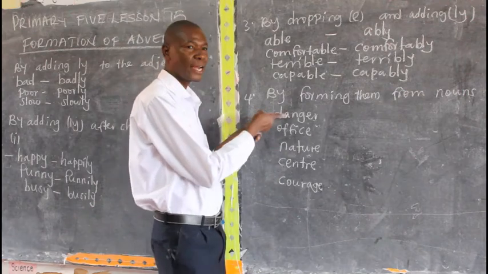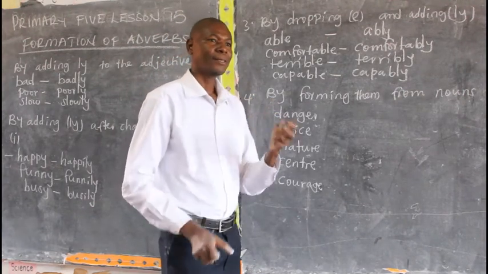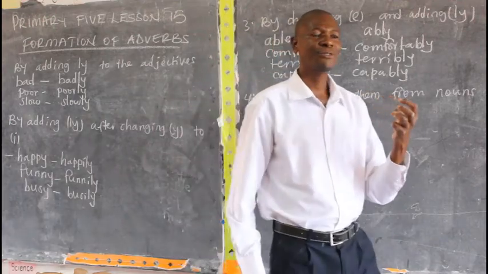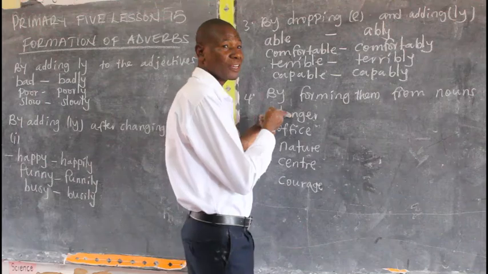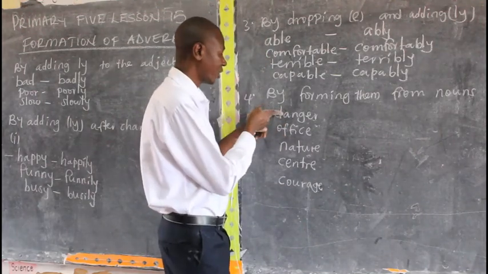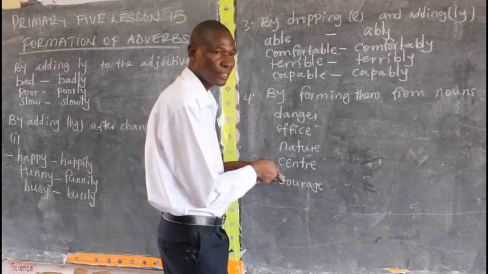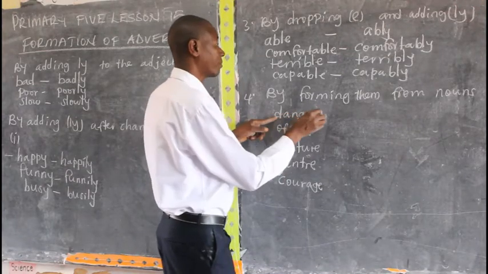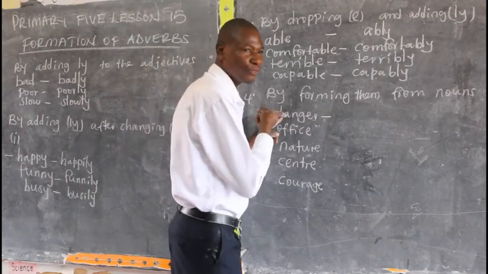Then we have another way of forming adverbs. This one is quite difficult. Why? Remember I said that these adverbs are formed from adjectives, but they can give you a noun here. These are nouns: danger, office, nature, center, courage. So that means you are supposed to change from noun to adjective.